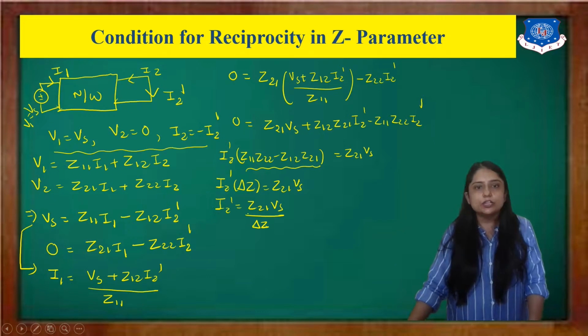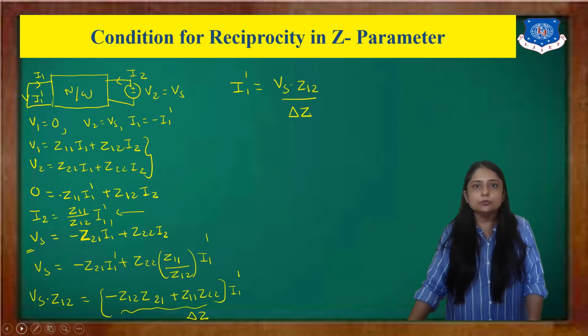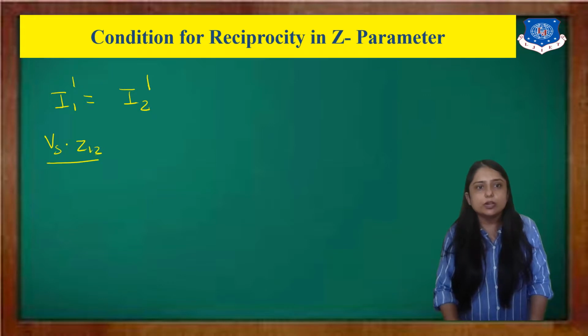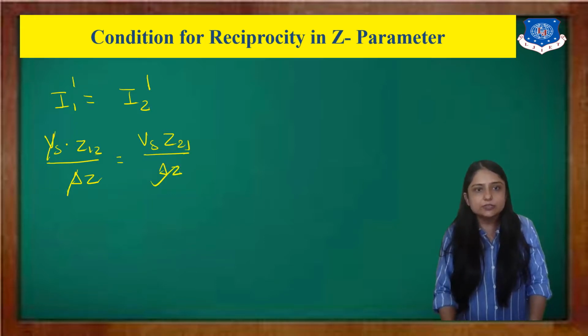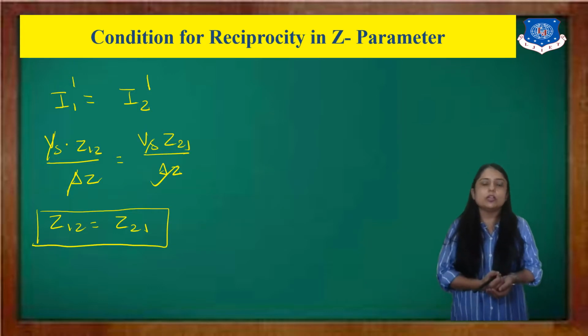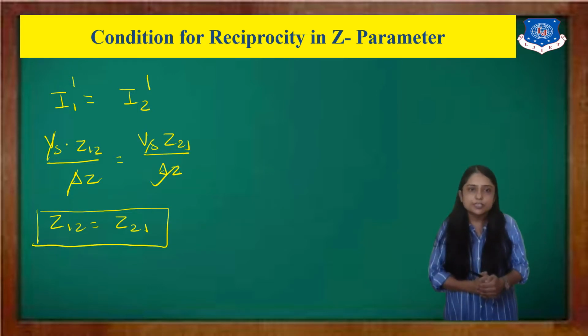That is Z21 into Vs upon delta Z. Just substitute that value here. So here I get Vs into Z12 upon delta Z equal to Vs Z21 upon delta Z. So Vs is cancelled. So Z12 equals Z21, and that is the condition for the reciprocal network in case of Z parameter.